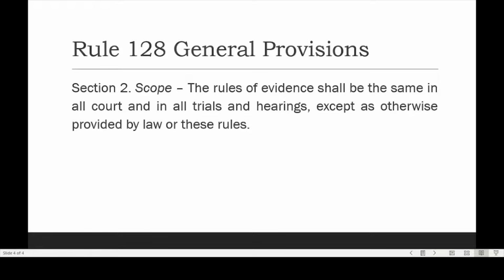If the law or these rules themselves say that the ordinary rules on evidence will not be applicable, then they will not be applicable.